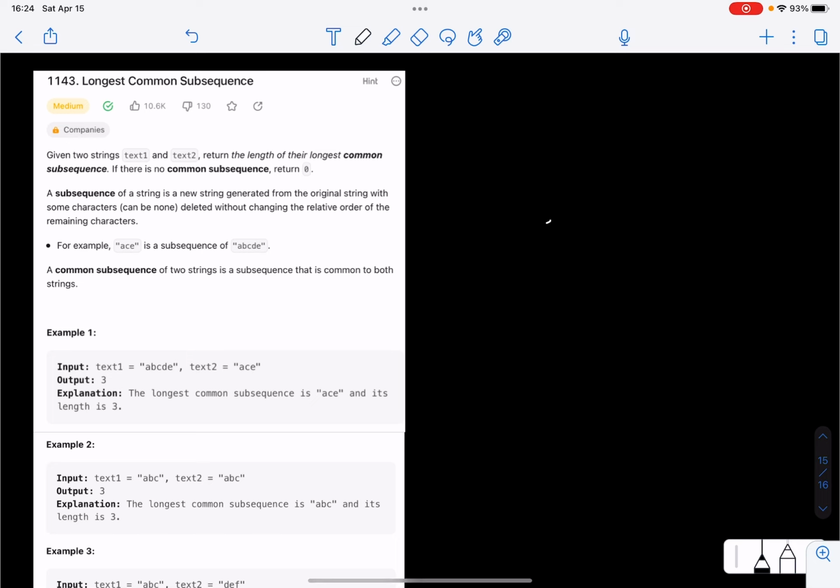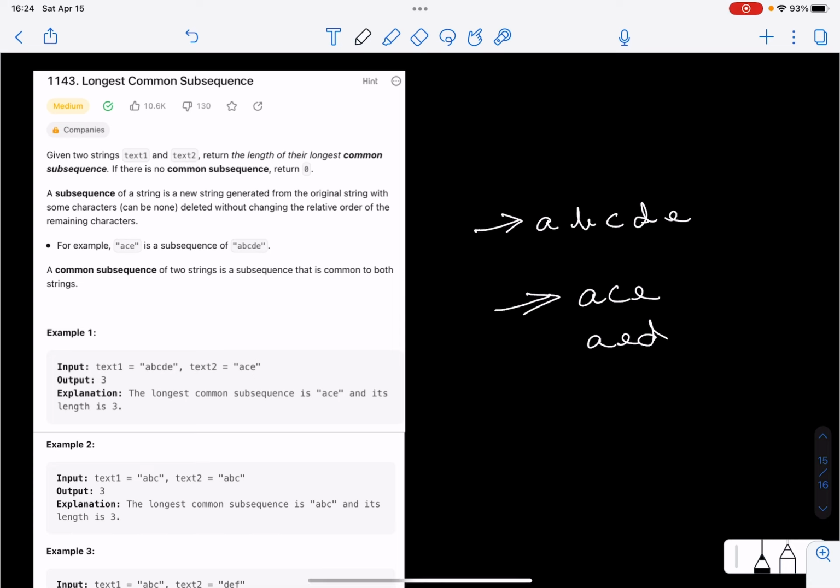So let's say we have A, B, C, D, E. This is a string. Let's consider another string, let's say A, C, E, and let's consider another string, let's say A, E, D. Now we can generate the string ACE using the given string.